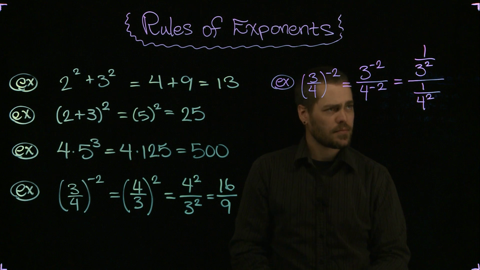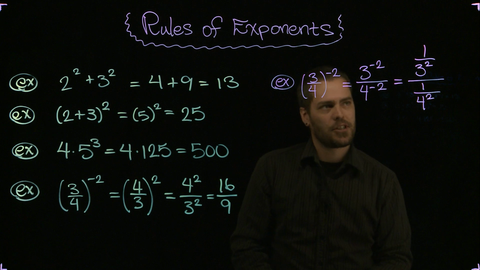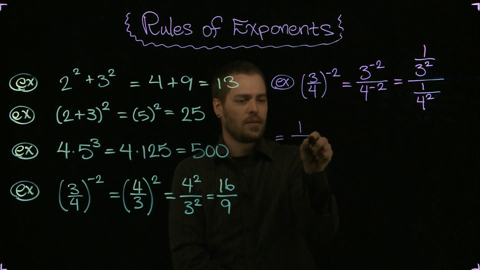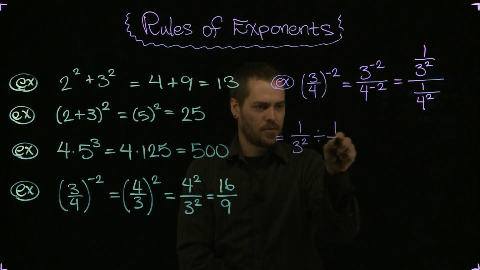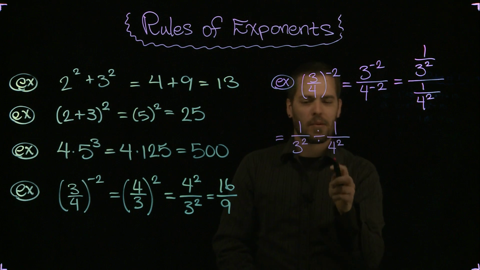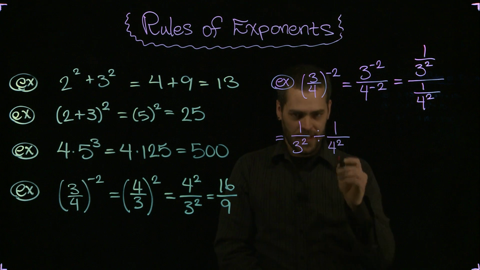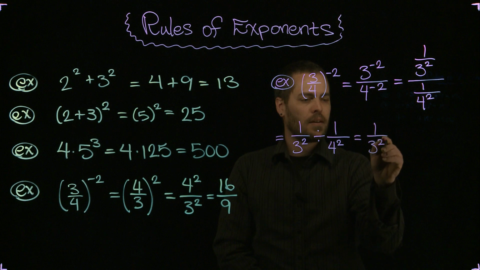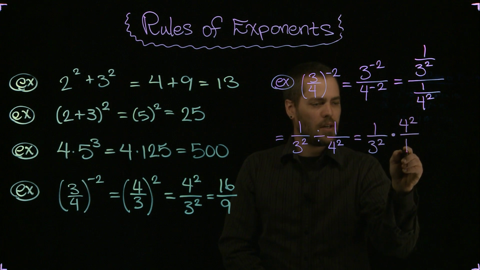Remember that every fraction bar you can think of as division. So what this really says is I've got 1 over 3 squared divided by 1 over 4 squared. And this may be a notation that looks a little bit more familiar to you when you're dividing fractions. That's why I put it this way. And it turns out that an equivalent expression is 1 over 3 squared times 4 squared over 1.